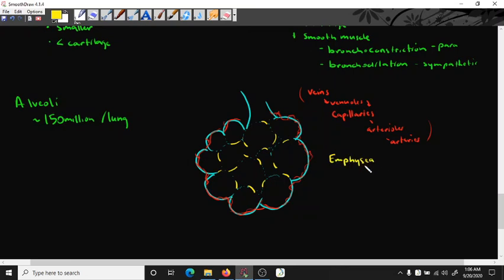emphysema destroys walls, and with it, the elasticity. And so what you'll get is collapsed alveoli. If your alveoli collapse, you have to breathe, and these people will do what we call PEEP, positive end expiratory pressure, where as they exhale, they actually exhale through their pursed lips.